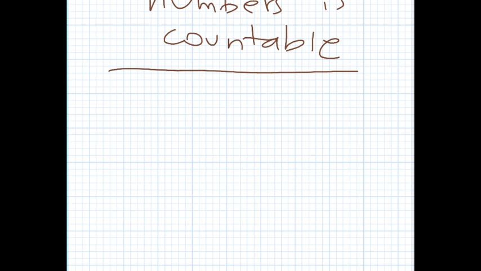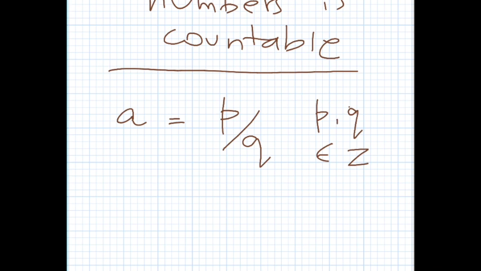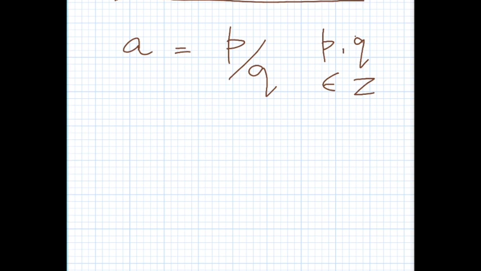Okay, now by definition, what is a rational number? A rational number is one which can be written as, for example, if A is a rational number, it can be written as P over Q, where P and Q are integers. Okay, now let us have some rule to list them.